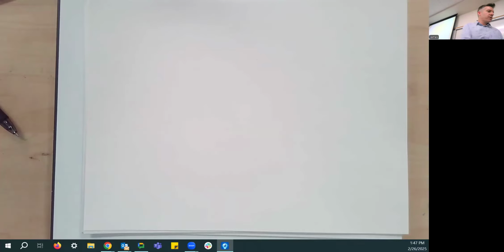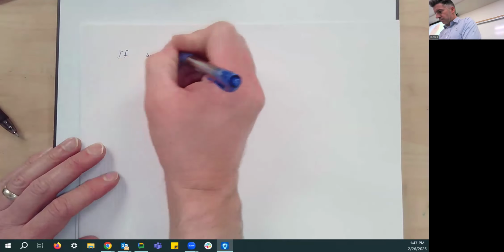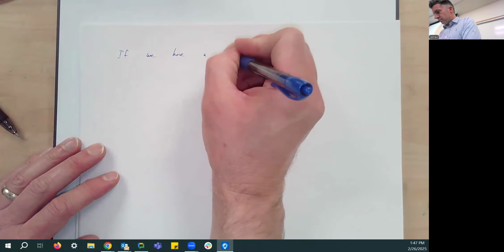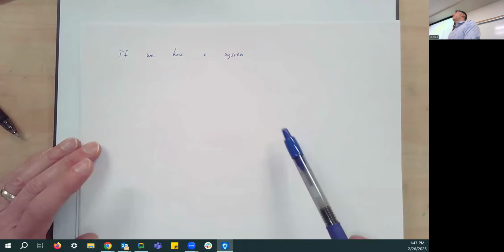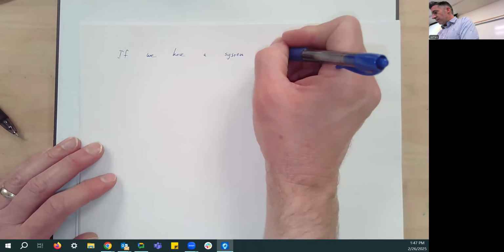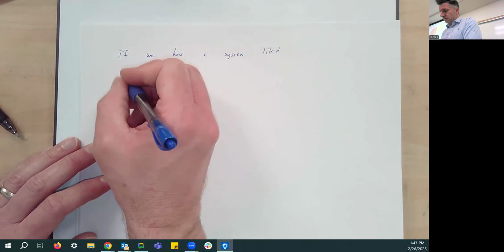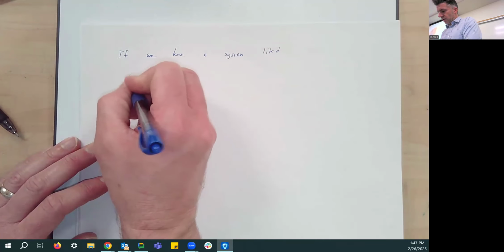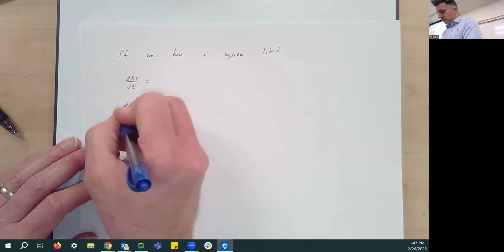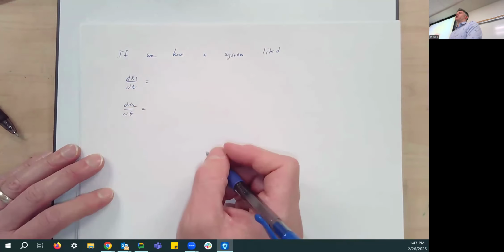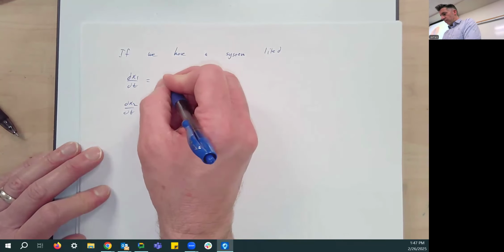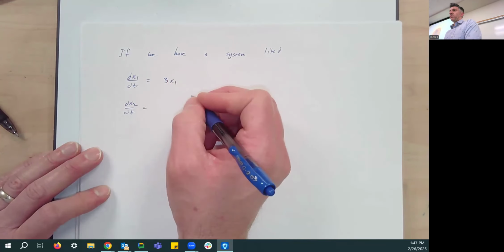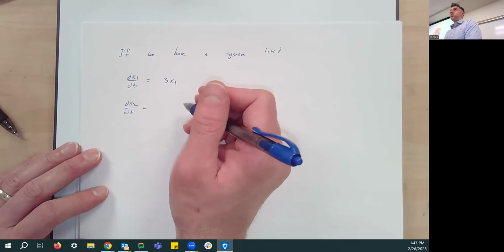a system like dx1/dt equal to, dx2/dt equal to, I want my trace to be 0. So I want this to be something like 3x1. Let's go negative 3x2 over here, and a minus 4x2, a 5x1 here. That should work.